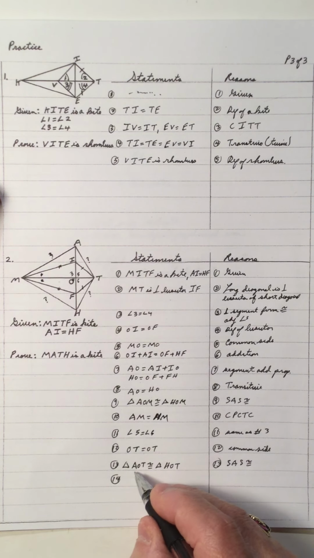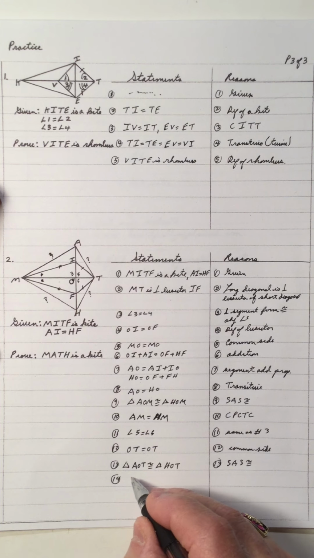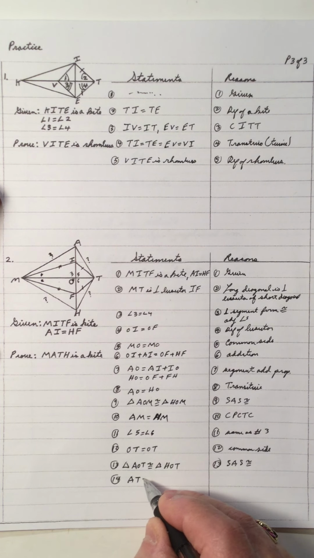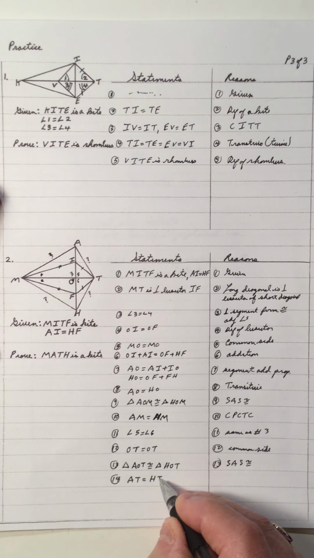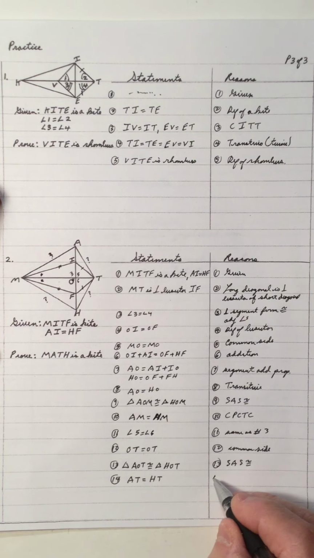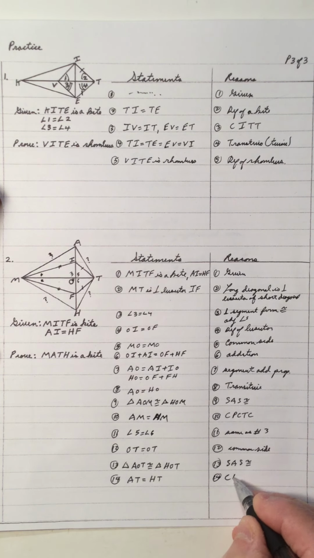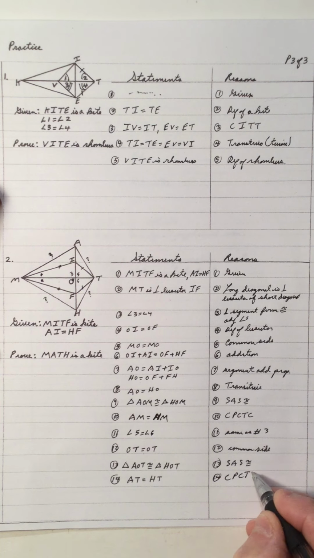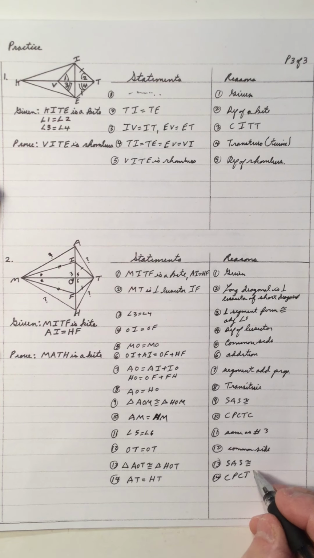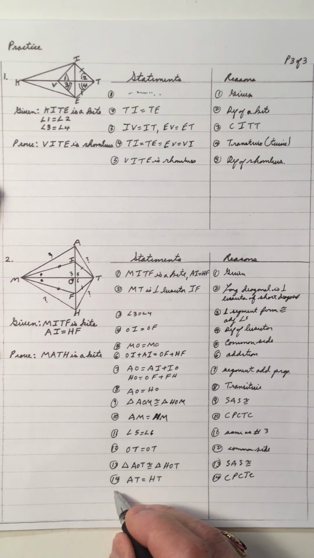That means that AT is equal, or congruent, to HT. That's CPCTC: congruent parts of congruent triangles are congruent.